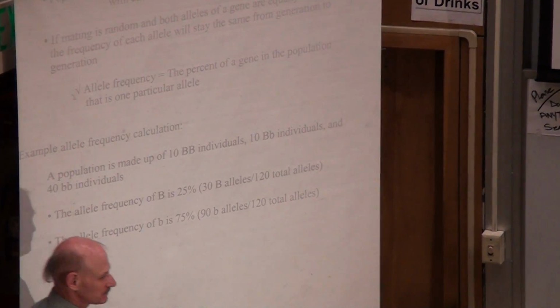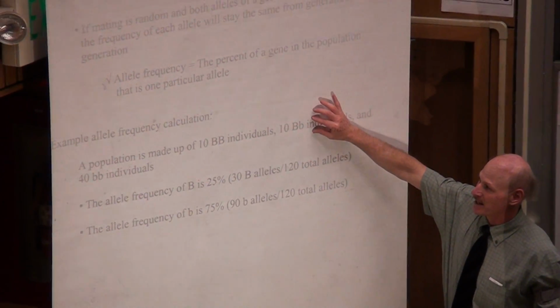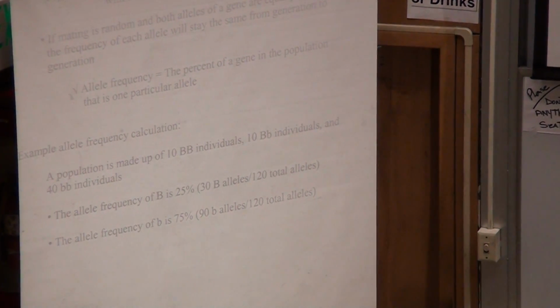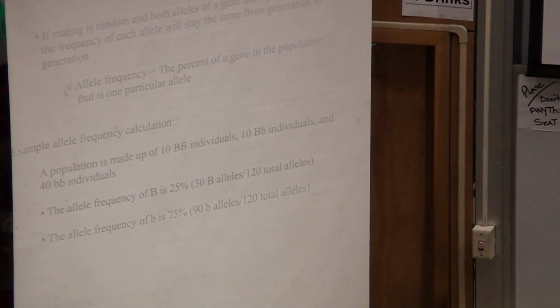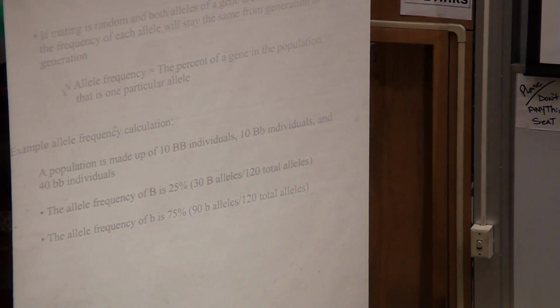Now, here I gave you the genotypes of these 100 elephant seals that we're studying. I'm going to give you slightly different numbers. For various reasons, I decided I didn't like those particular numbers, but it's still going to be 100 individuals.